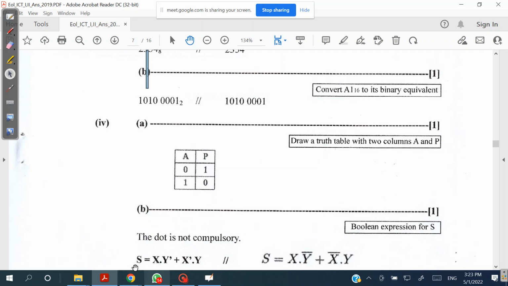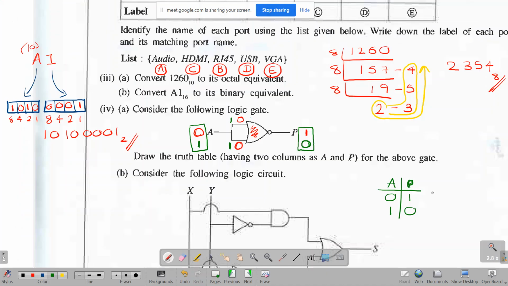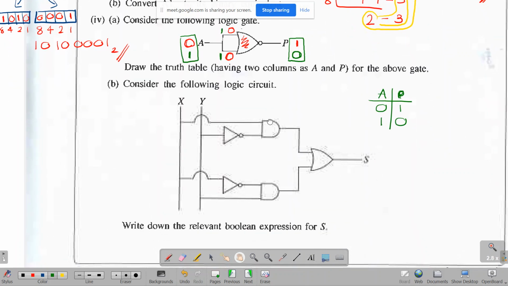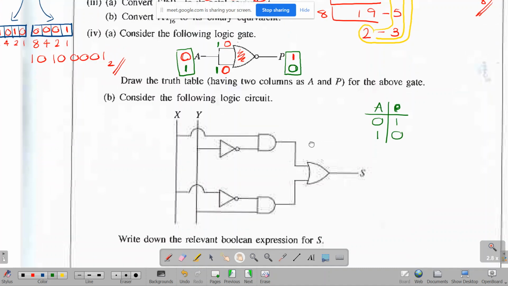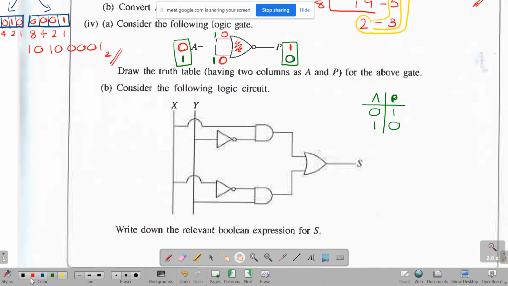And the next part: consider the following logic circuit, write down the relevant Boolean expression for S. That's quite easy, right? So we have 2 inputs, which are X and Y.